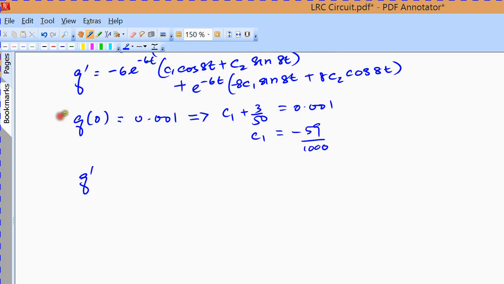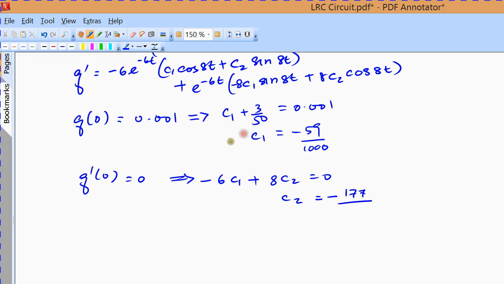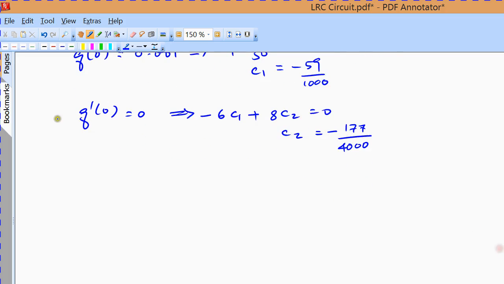Now Q prime of 0 is 0, and so minus 6C1 plus 8C2 is 0, and so C2 is minus 177 over 4000.